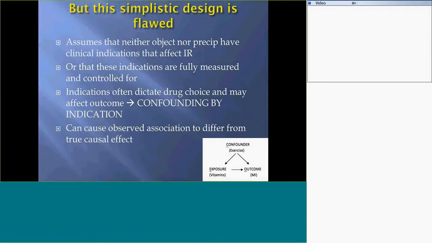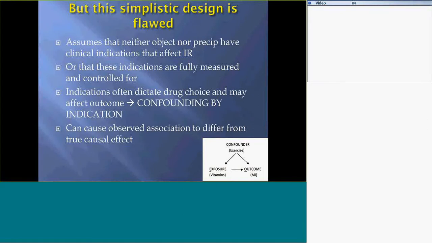But as you might be thinking, this simplistic design is flawed. So what I just showed you assumes that neither the object drug nor the precipitant drug have clinical indications that affect the incidence rate of hypoglycemia in this example, or that you know the indications and you fully measured and controlled for all the differences in those groups, which we clearly haven't done in that simple 2x2 table.